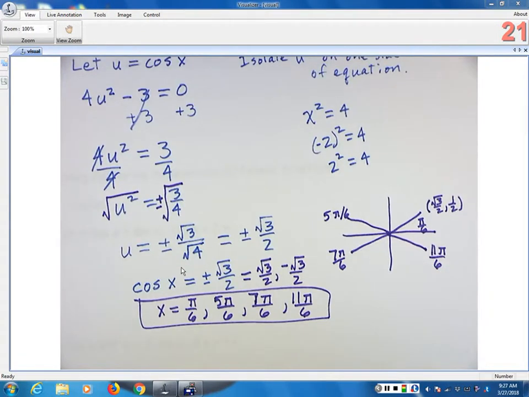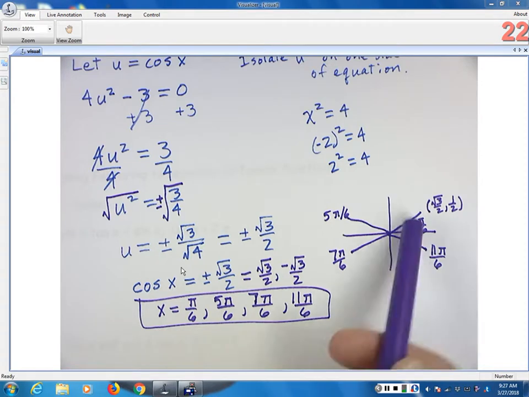It will say find all solutions, and then you need to do the 2n pi. If you're doing double angles and stuff like that, you still need to do the 2n pi because it was more complicated. But this was just a single angle cosine x, and we just read it off the unit circle.